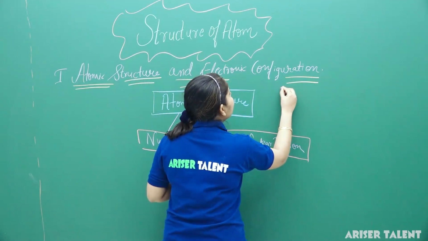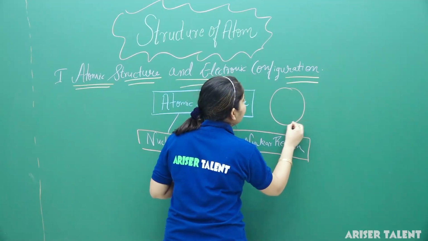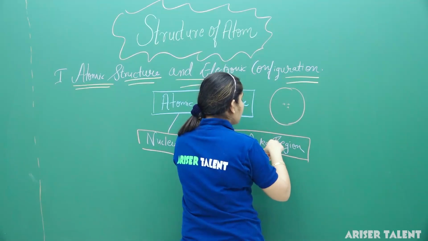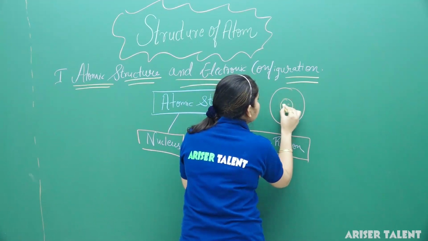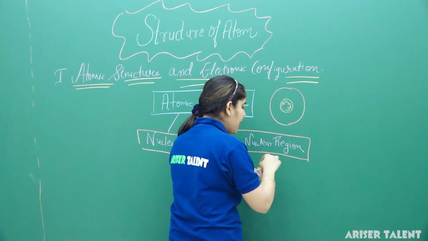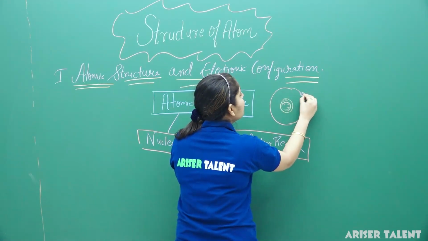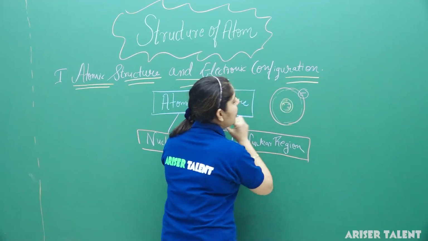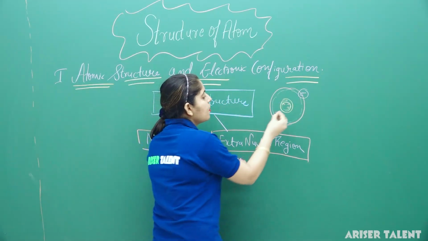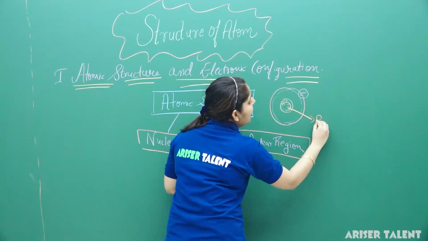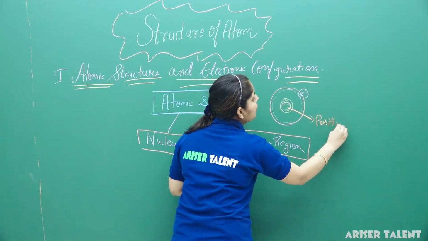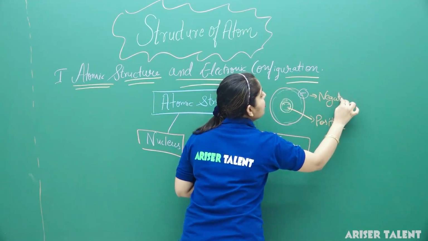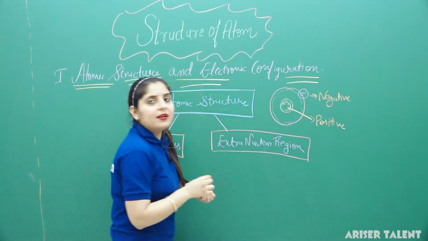So, if I consider an atom, the positive charge is embedded at the center and the negative charge will revolve around the outermost shell. The negative charge will revolve in the orbits of prescribed energy.